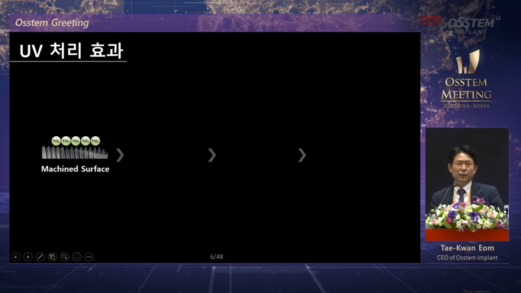Let me talk about UV. UV technology needs to be understood, especially in Korea. UV is getting a lot of attention. This year, it lost its energy, but let me go over that. UV 3D surface. The machined surface.